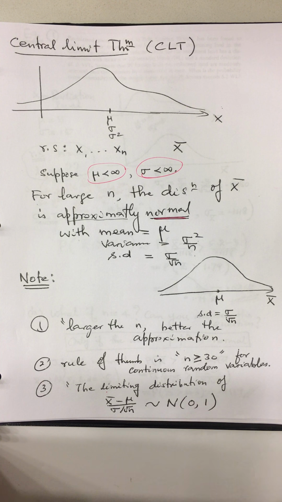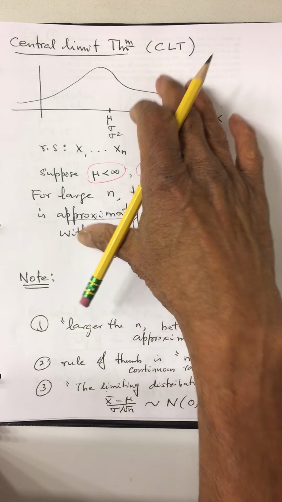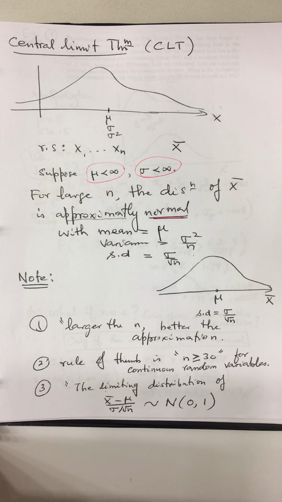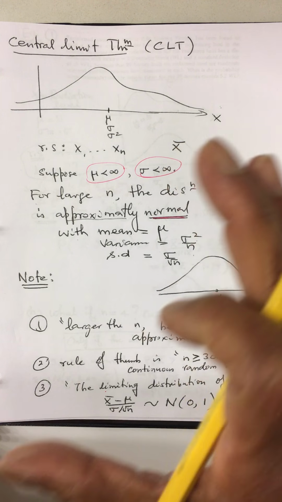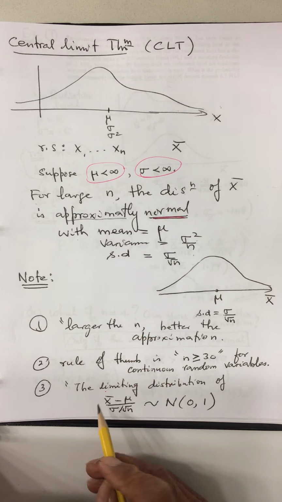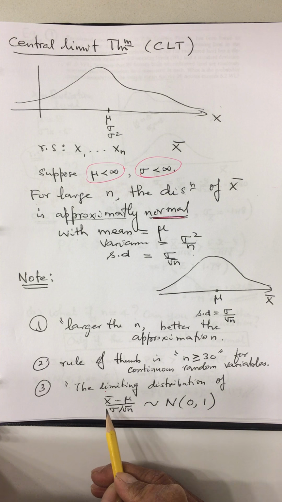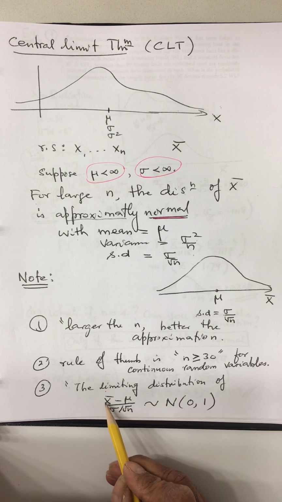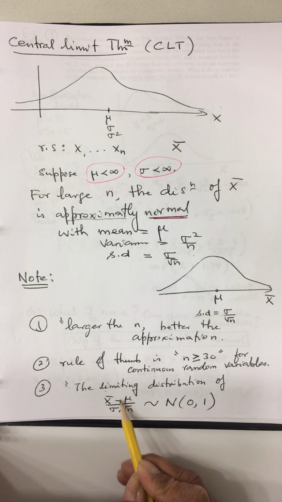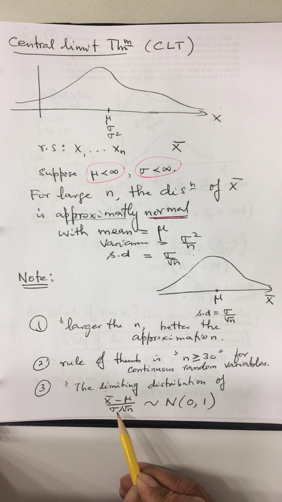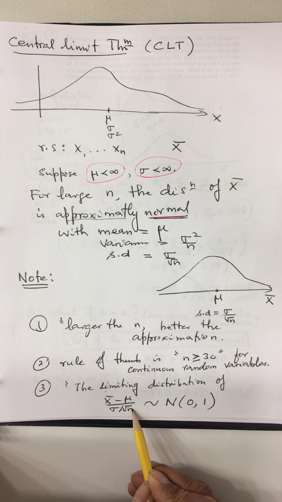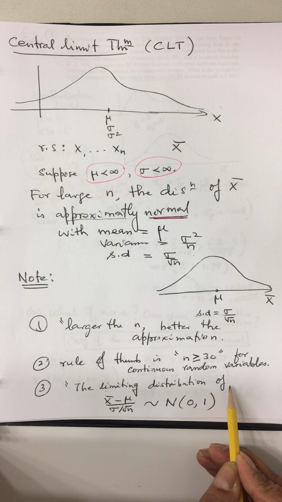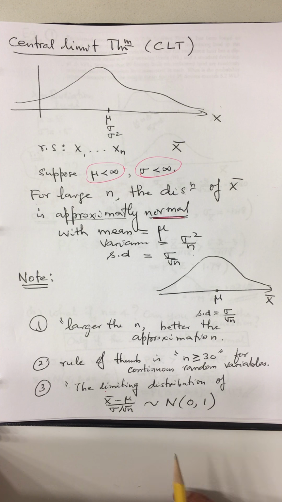Mathematically you can prove that the statement is correct, so that's why this is a very strong statement. The mathematical statement is this: if you take X bar minus mu, getting rid of the mu, and divide by the standard deviation, the limiting distribution of that is the standard normal curve, the z curve.